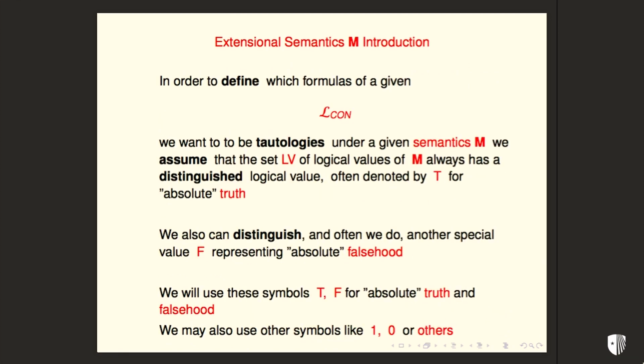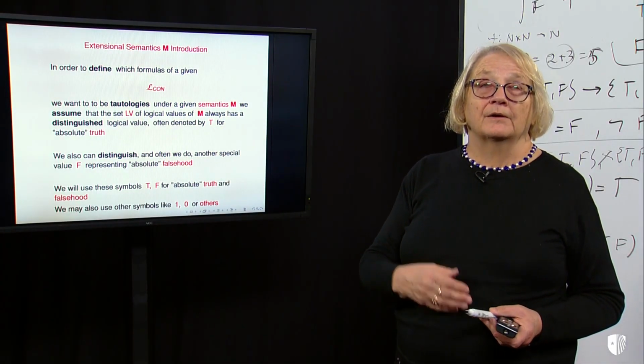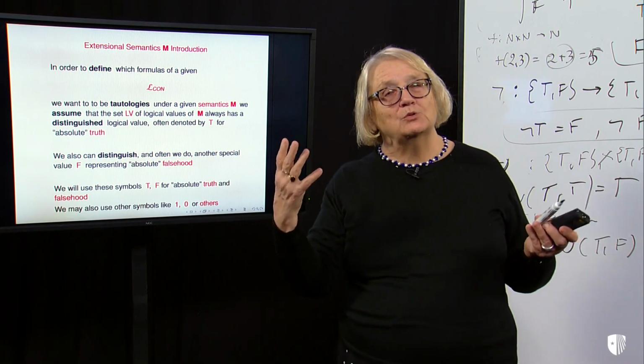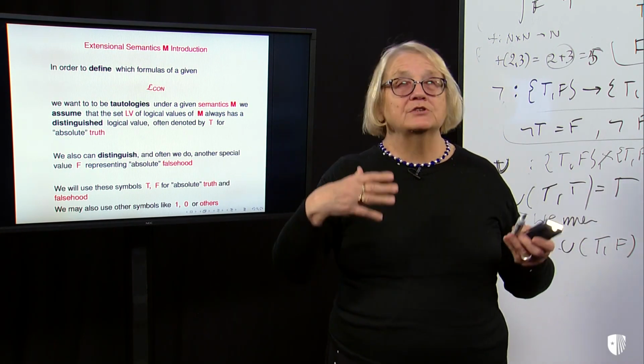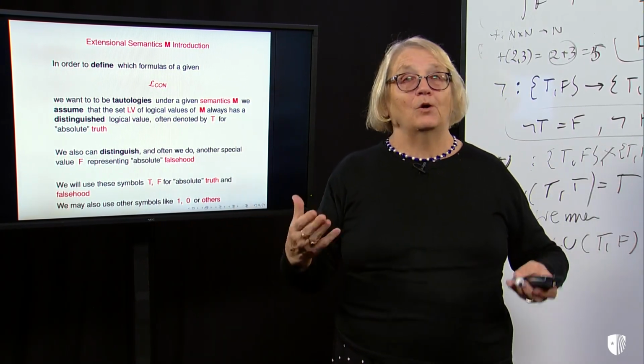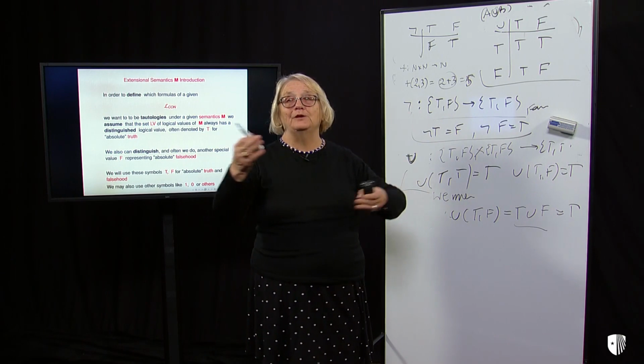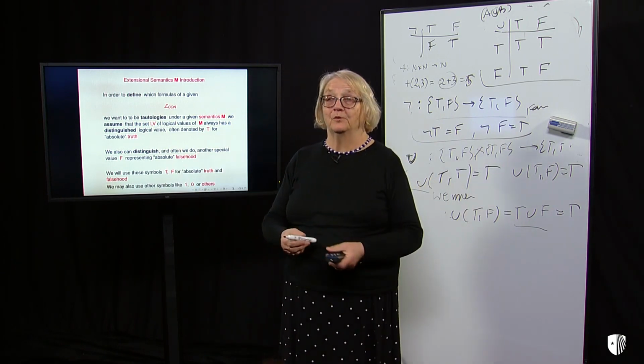The next step: we want to define formally what a tautology is under a given semantics. You know that a classical tautology is a formula which is always true. What does always true mean? It means true for all assignments of T and F to all variables in the formula.